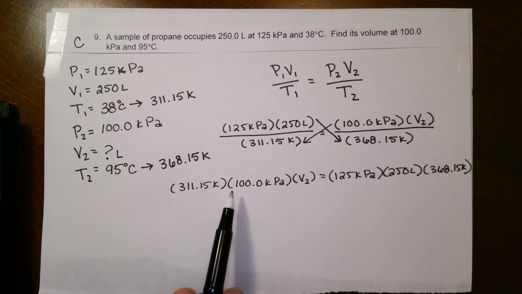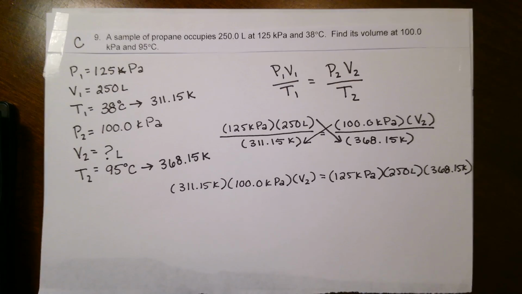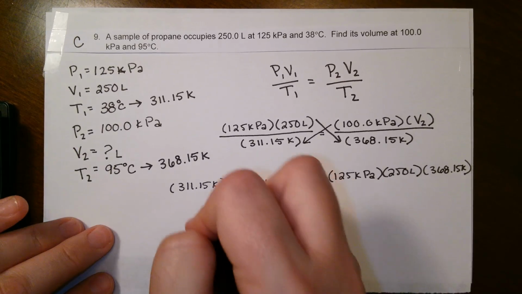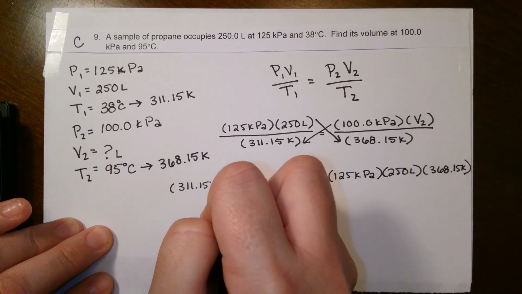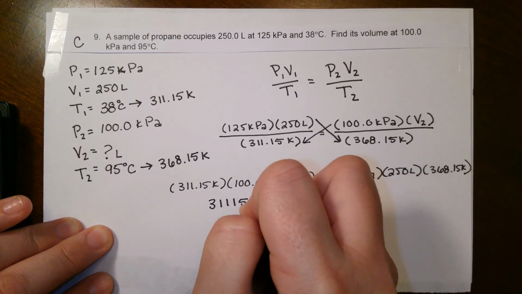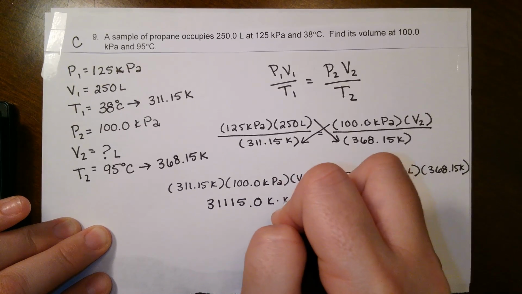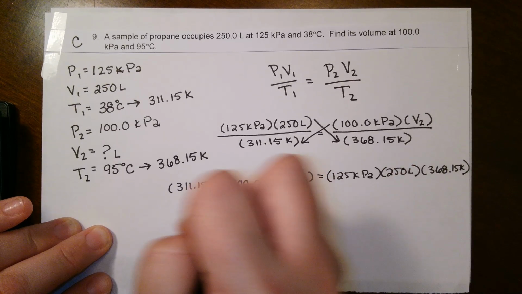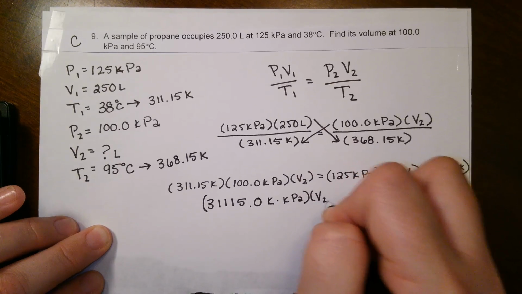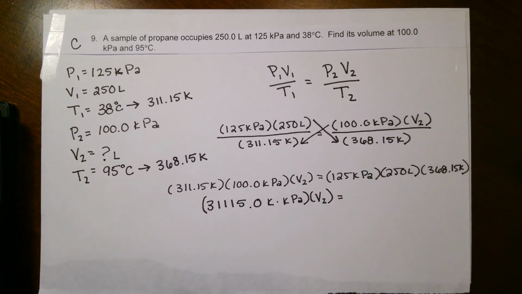So let's simplify the left-hand side first. So 311.15 times 100 gives us 31115.0. Keep those units. It is Kelvin times kPa times V2. Over on the other side, we can multiply it all together. So we got 125 times 250 times 368.15.